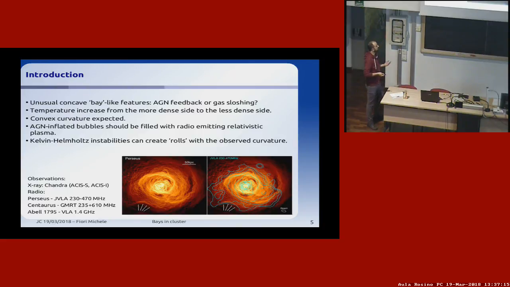A possible explanation could be AGN-inflated bubbles, but these bubbles should be filled with radio-emitting relativistic electrons, so we expect a big flux in radio that we are not really seeing. And so one explanation is this Kelvin-Helmholtz instability that can create rolls with this type of curvature.